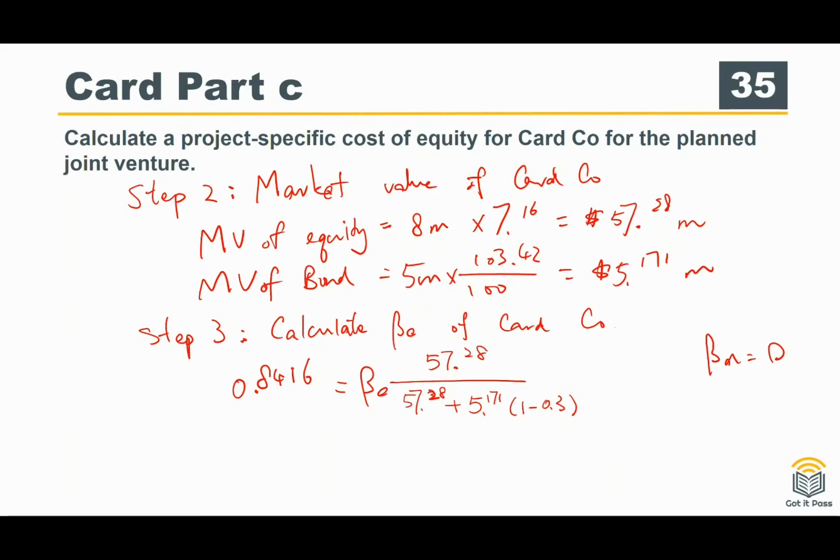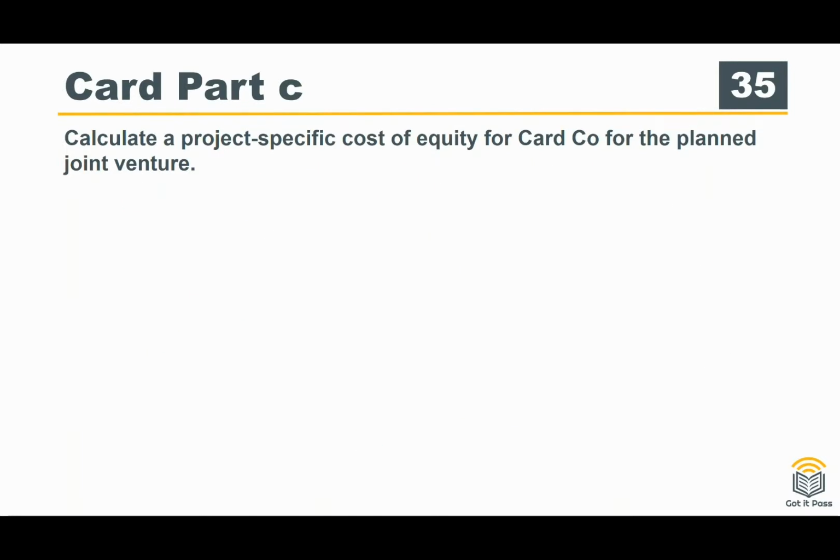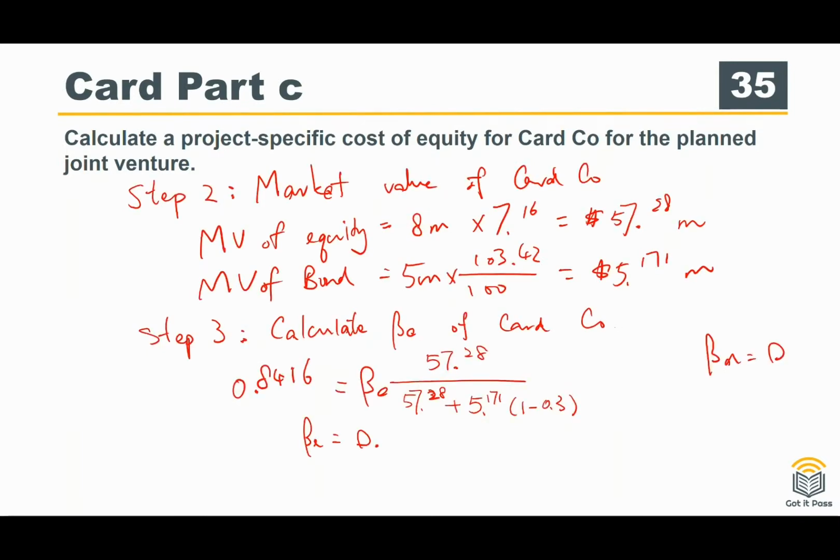So you find the solution: the equity beta is 0.8948.